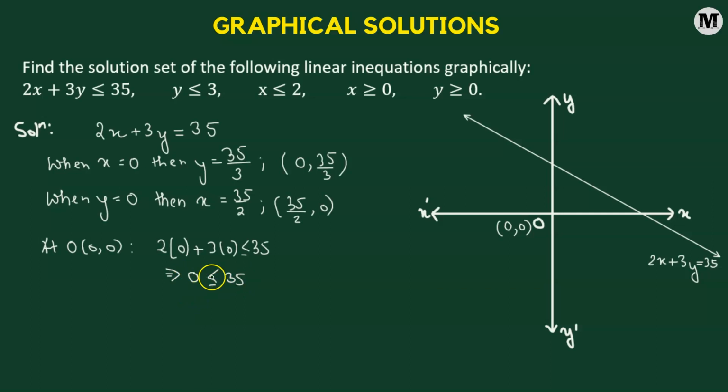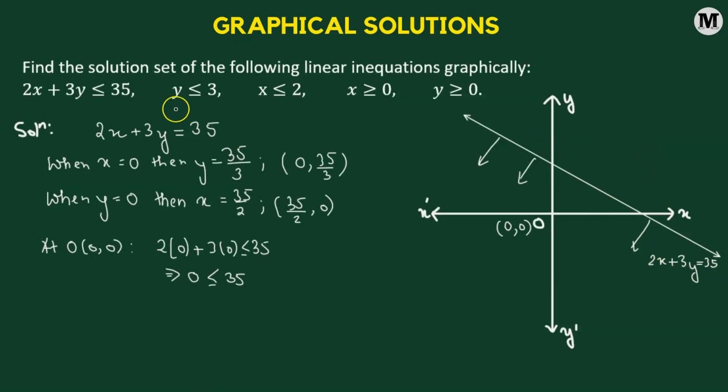Is this a true statement? Definitely it's a true statement. 0 is less than 35, and it tells us that the region which contains the origin is going to be a solution to the given linear inequality. So we'll have to consider only that region which contains the origin. So we're going to consider the region below the line 2x plus 3y equals to 35. We'll not be considering the region above the line.